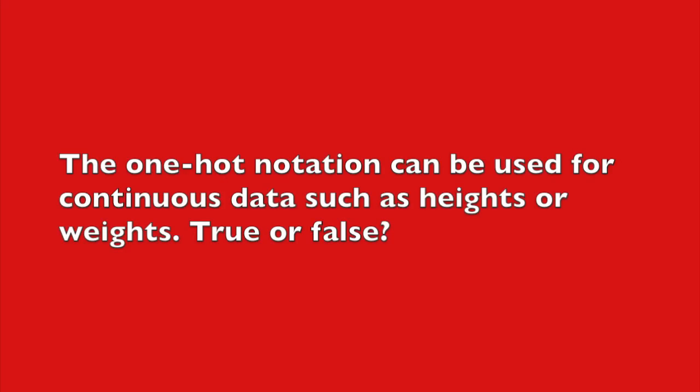Let's now turn back to the question we had posed at the start of the video. The one hot representation cannot be used to hold continuous data items. Think about it. The one hot representation of a digit, for instance, consists of a vector or a list with 10 possible values, out of which only one is equal to 1. The one element which is non-zero is called the one hot element.